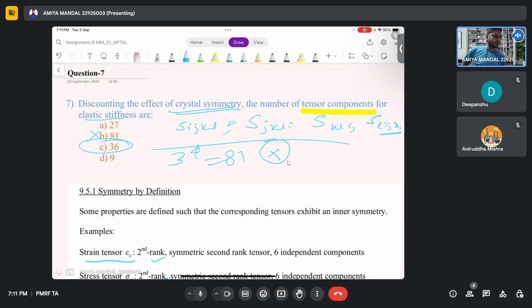Only 36 will be there due to this symmetry consideration. So the answer will be 36, just discounting the effect of symmetry.